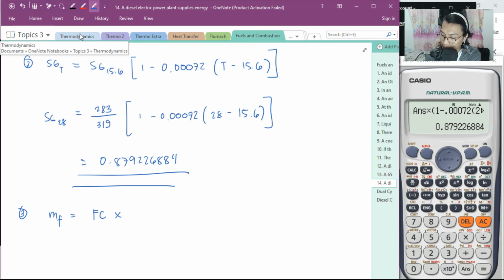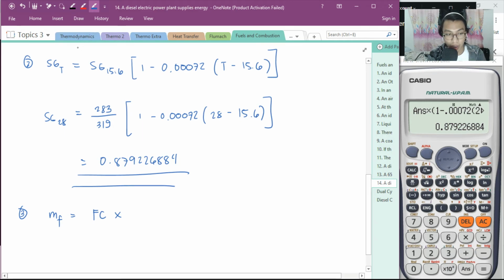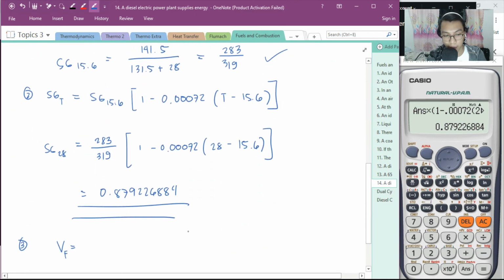Actually, hindi to consumption eh. Volume flow rate binigay sa'yo. The volume flow rate. That is equal to, yung binigay sa'yo dyan, 200 gallons per day.